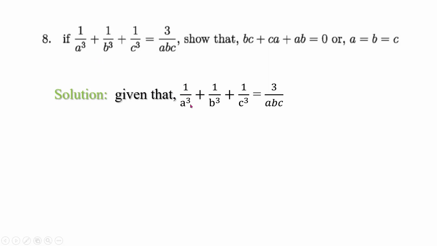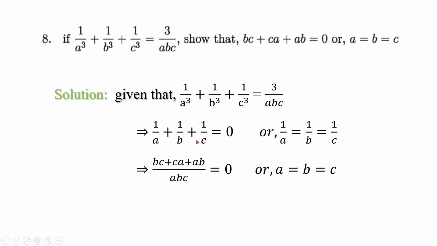Given that 1 by a cube plus 1 by b cube plus 1 by c cube is equal to 3 by abc, that means 3 into 1 by a into 1 by b into 1 by c. Then applying corollary 3, we get that 1 by a plus 1 by b plus 1 by c is equal to 0 or 1 by a is equal to 1 by b is equal to 1 by c.